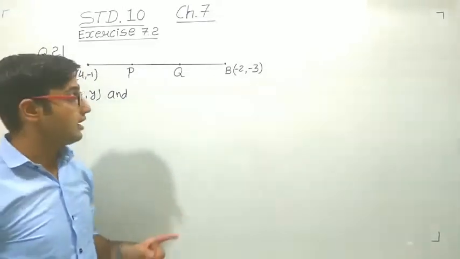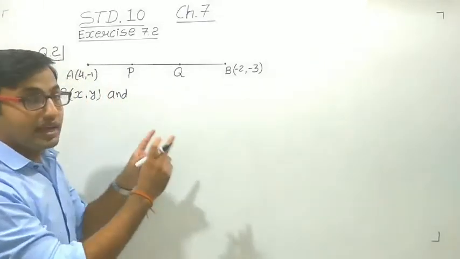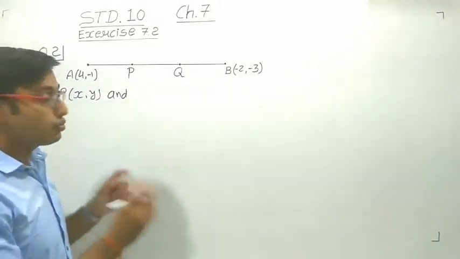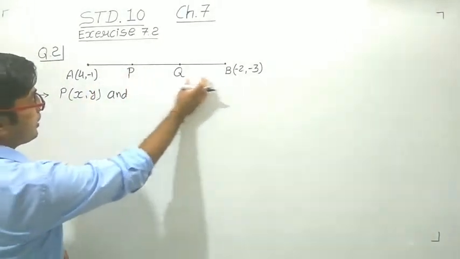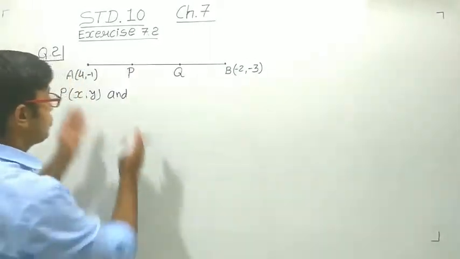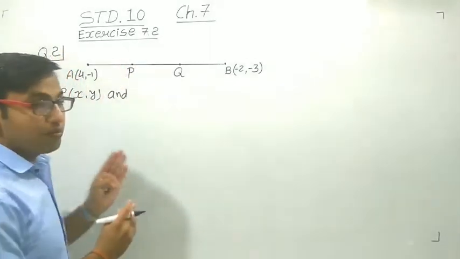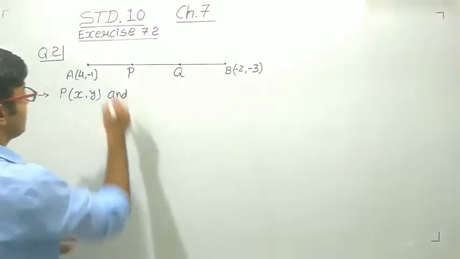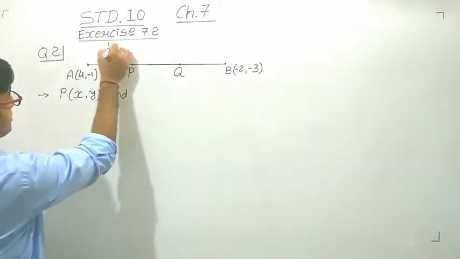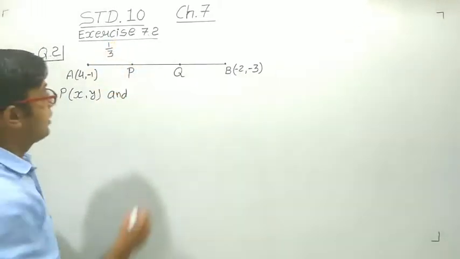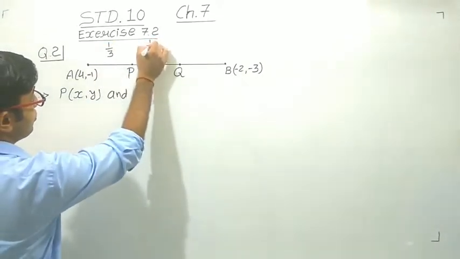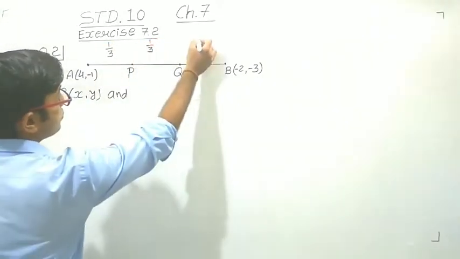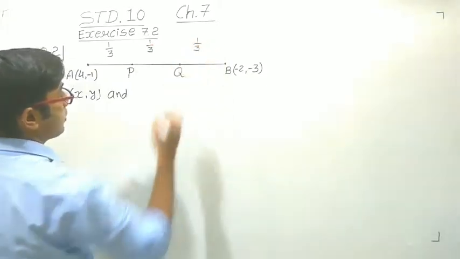Instead we are given trisection, which means three equal parts. So this is one part, this is the second part, and this is the third part. This portion is 1/3 of the total. A to P is 1/3, similarly P to Q is also 1/3, and Q to B is also 1/3.